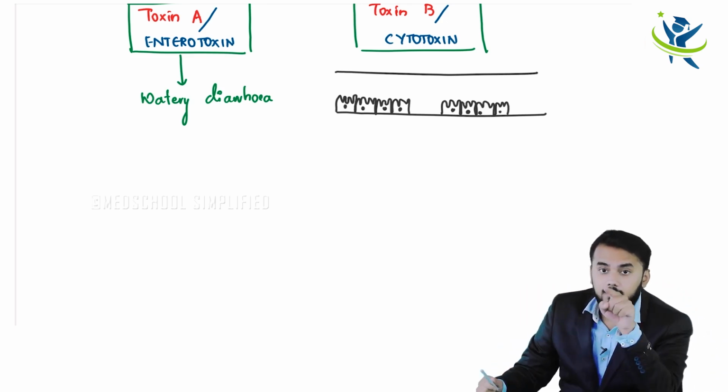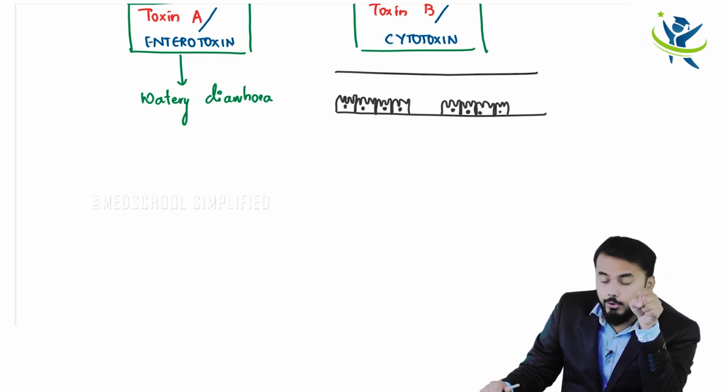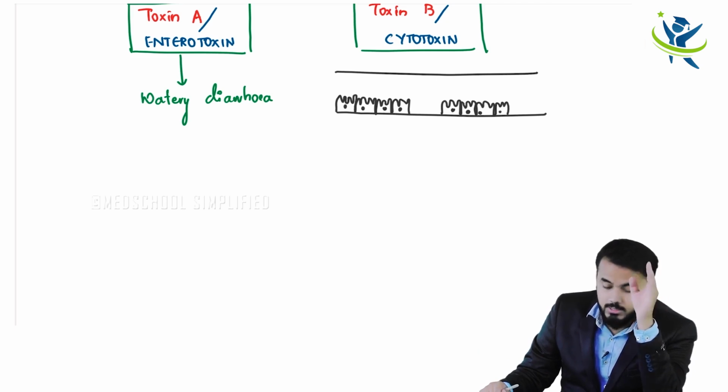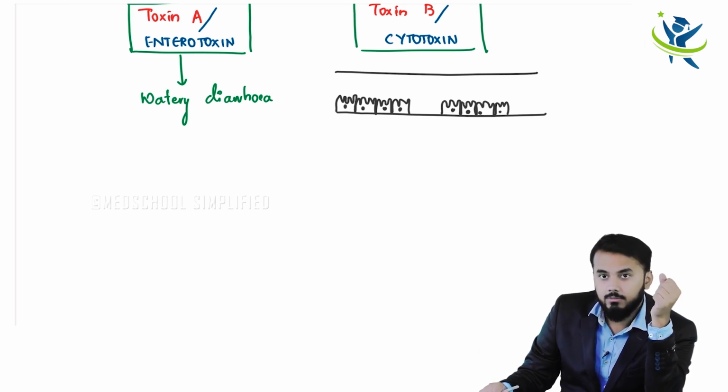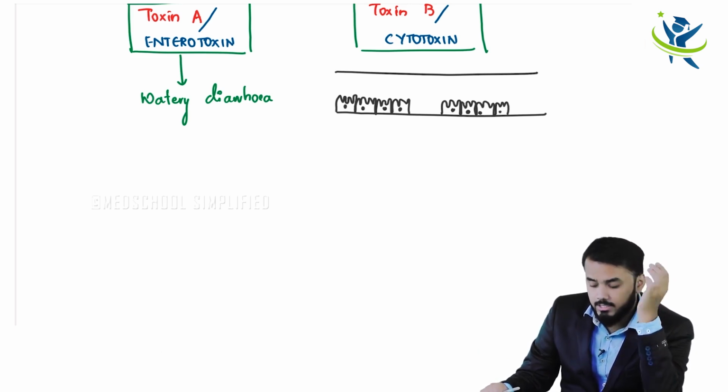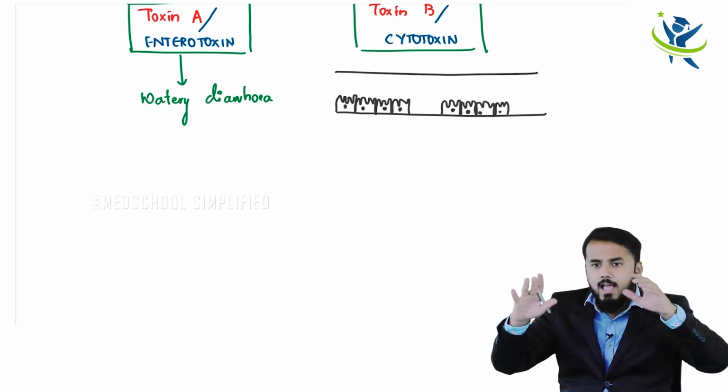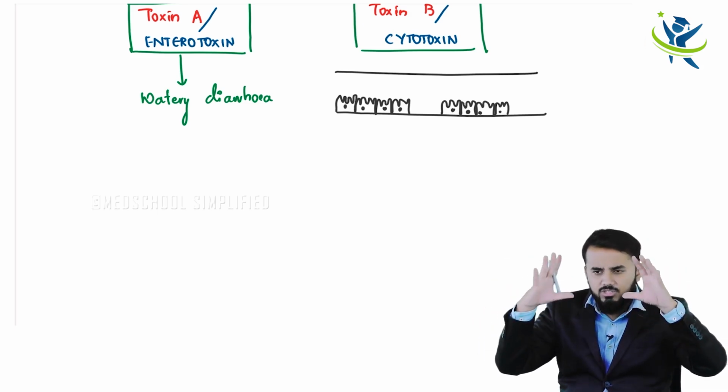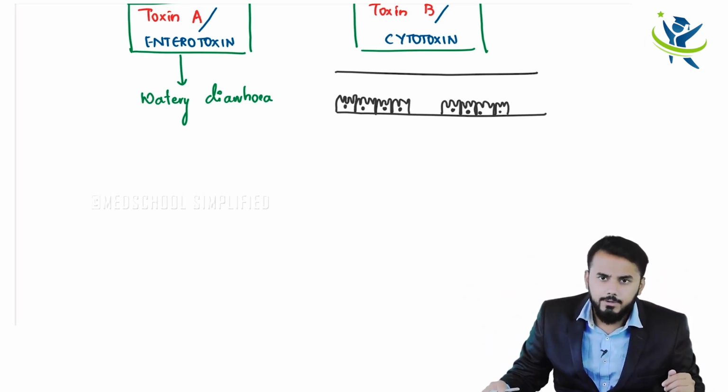So cytotoxin or toxin B is going to break down all those tight junctions. When it breaks down all the tight junctions, all the cells become loose and the cytoskeleton of the cell, I mean the structure of the cell, is disrupted.